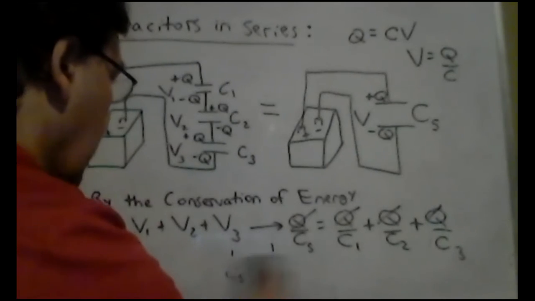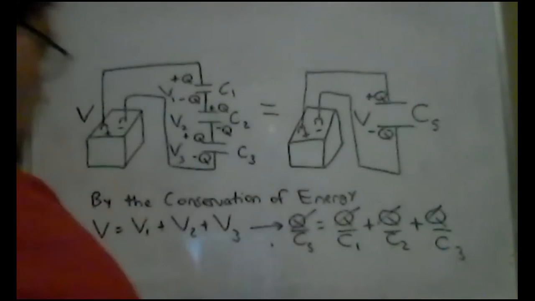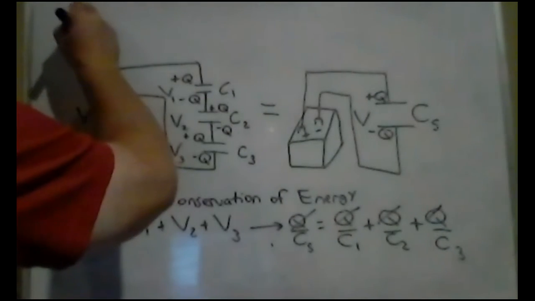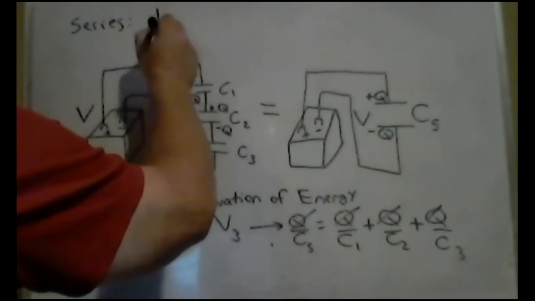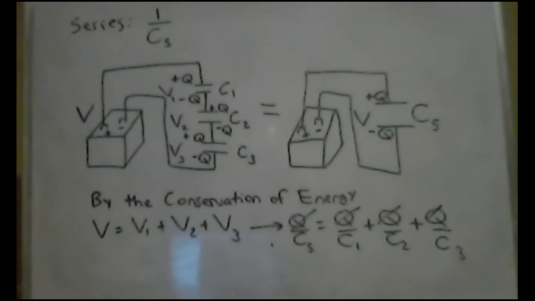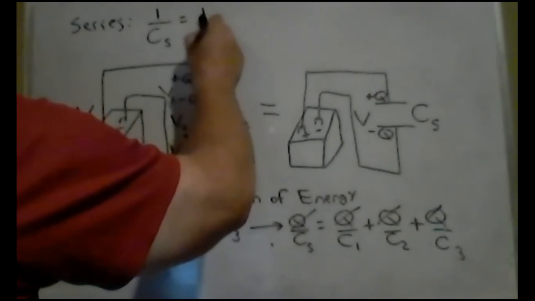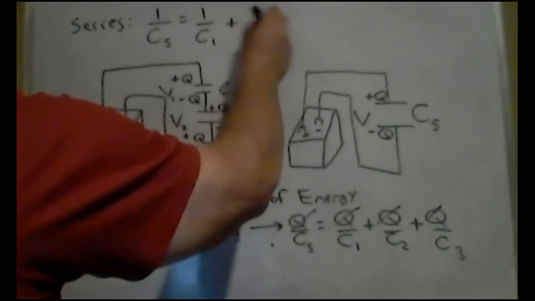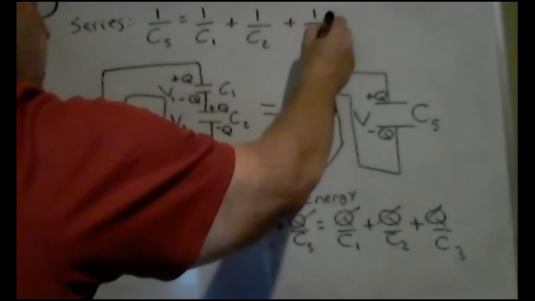Altogether, for capacitors in series, 1 over C series, the total equivalent capacitance, is equal to 1 over C1 plus 1 over C2 plus 1 over C3.